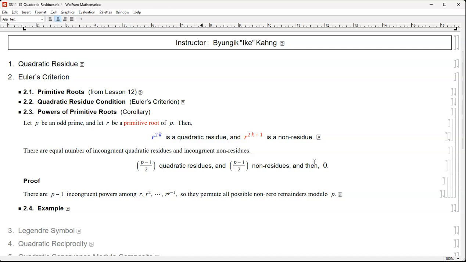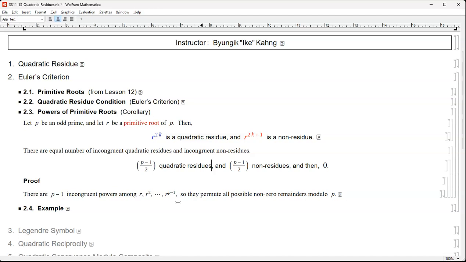So all integers can be classified into the primitive root to a certain power. And then first power, second power, third power, up to phi of p power, p minus 1 power, there are that many of them.